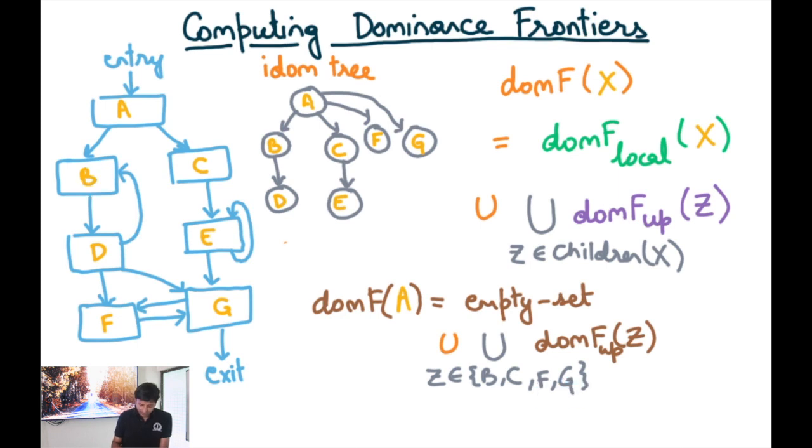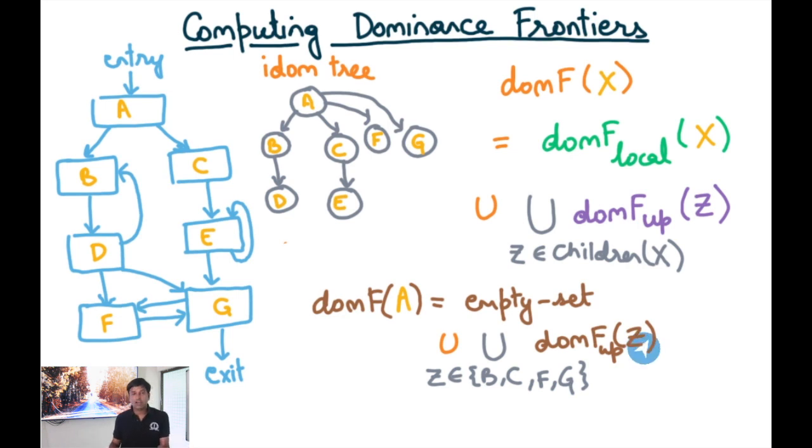B, C, F, and G, these are the children in the dominator tree. So I look at all the children in the dominator tree, which is B, C, F, and G. And if I look at their dominance frontiers, then their dominance frontiers are pretty large.